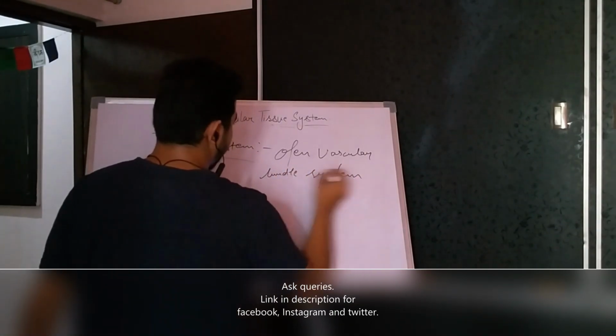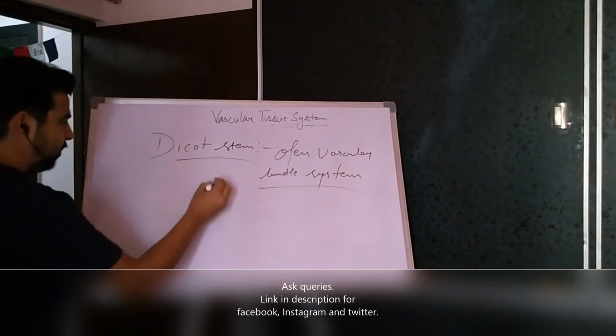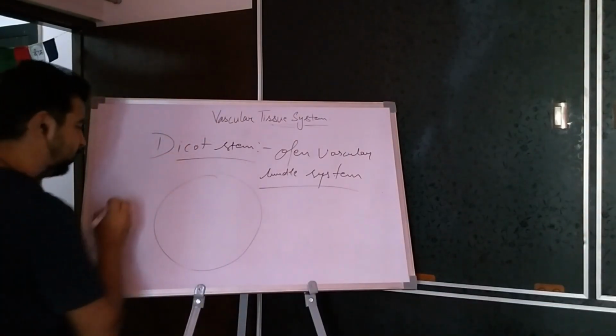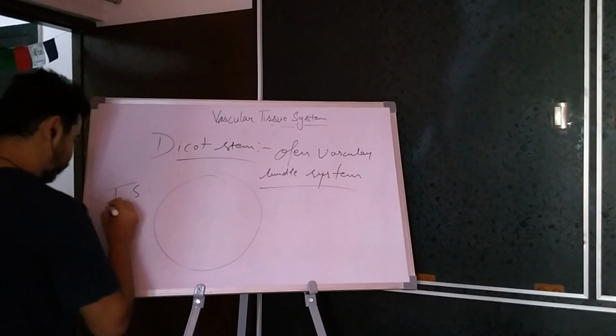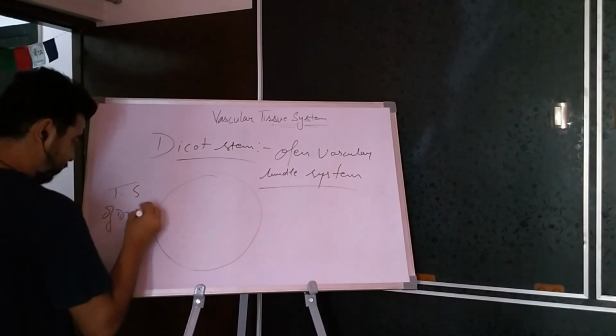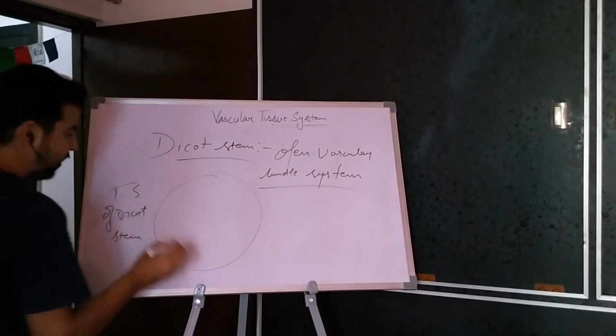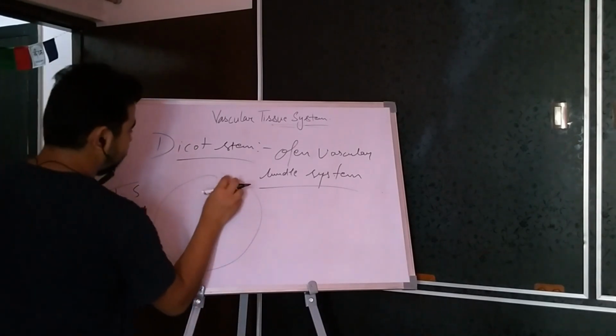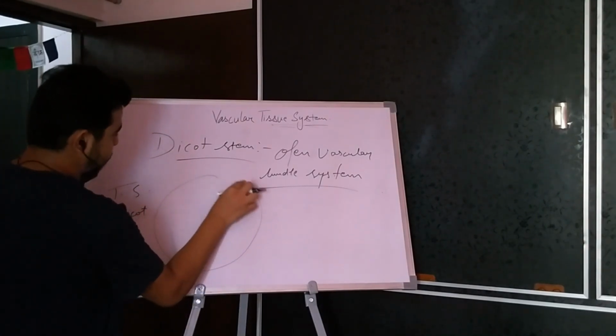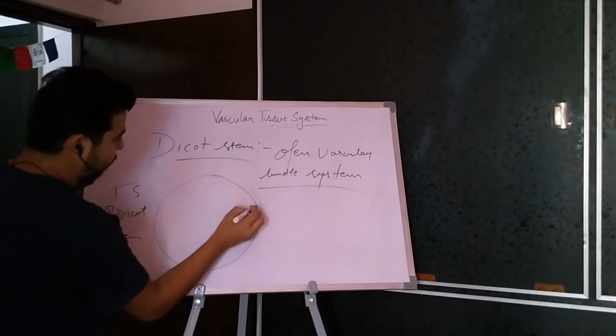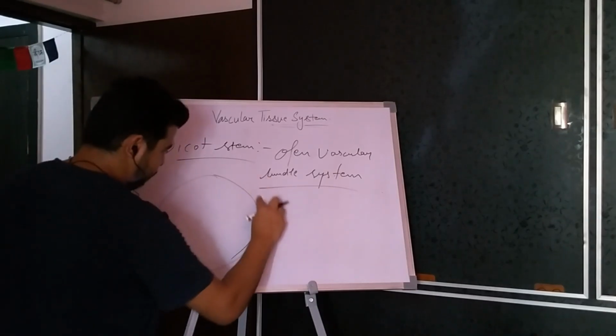When we say open vascular bundle system, it means that if we draw a transverse section of a dicot stem, we will see that the xylem and phloem form a ring-like structure.